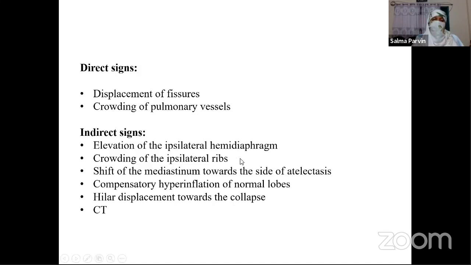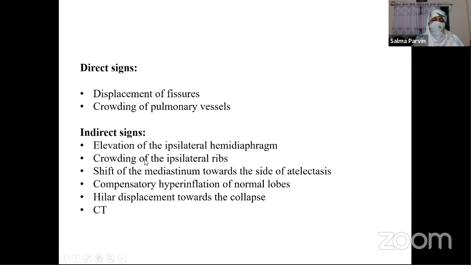The area involved also has indirect signs like elevation of the ipsilateral hemidiaphragm, crowding of the ipsilateral ribs, shifting of the mediastinum towards the side of the atelectasis, and compensatory hyperinflation of normal lobes or even the contralateral lobe. There is hilar displacement towards the collapse.